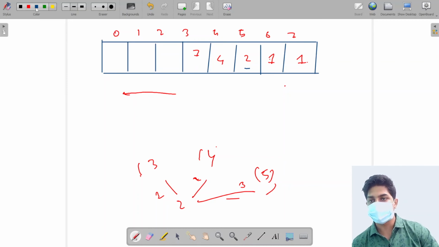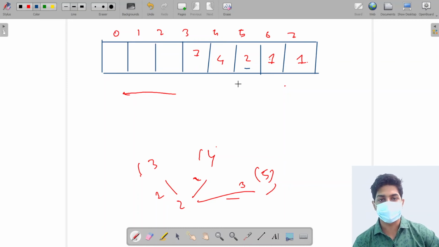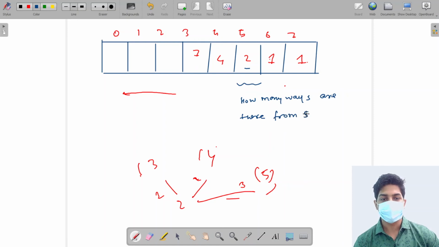So what is stored over here? Let's try to analyze. At the 5th index, it is stored how many ways there are from the 5th stair to the destination.